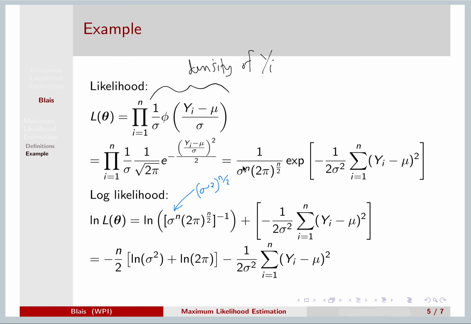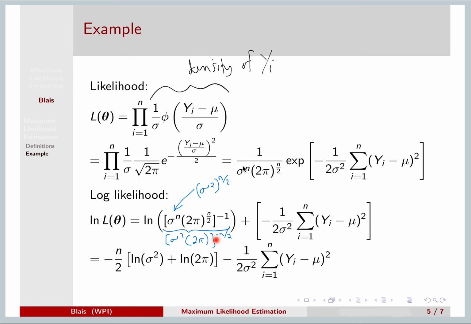So this expression here now simplifies to sigma squared times 2 pi all to the negative n over 2. And now you see the payoff of doing that.